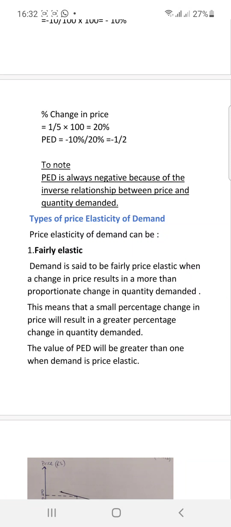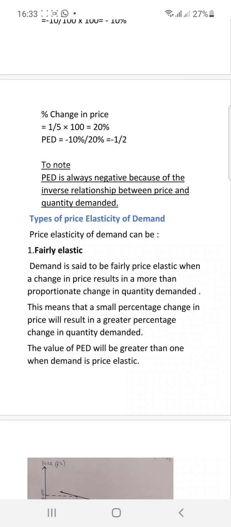Then we pass on to the types of price elasticity of demand. First, we have fairly elastic. What do we mean by a fairly elastic demand? Demand is said to be fairly price elastic when a change in price results in a more than proportionate change in quantity demanded. This means that a small percentage change in price will result in a bigger percentage change in quantity demanded.